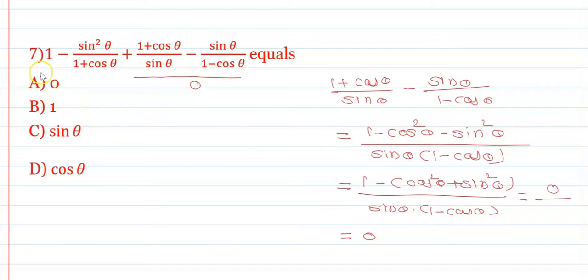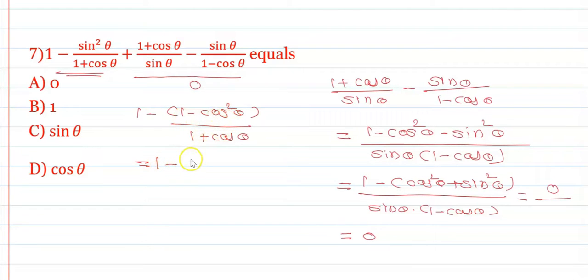Next, 1 minus sin square theta upon 1 plus cos theta. Now we will simplify this. Sin square theta means 1 minus cos square theta, upon the denominator 1 plus cos theta, and this equals 1 minus.